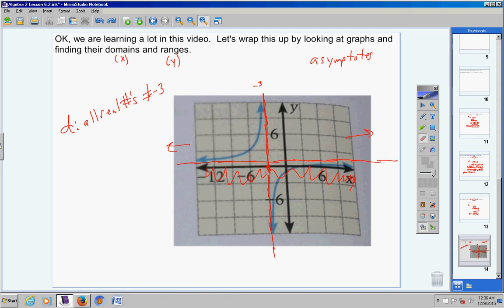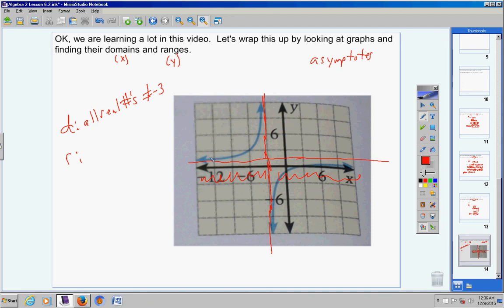Now let's talk about the y, the range, okay? Here's my imaginary boundary here. So we're going to cross off all the y values. We don't care about those, okay? We're talking about the vertical movement, the up and down movement, okay?